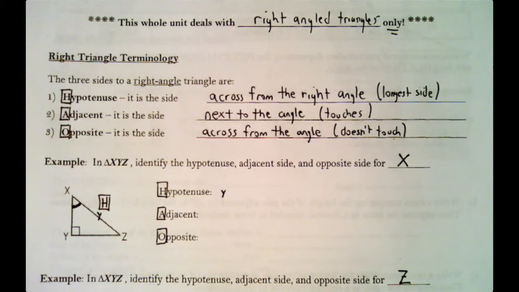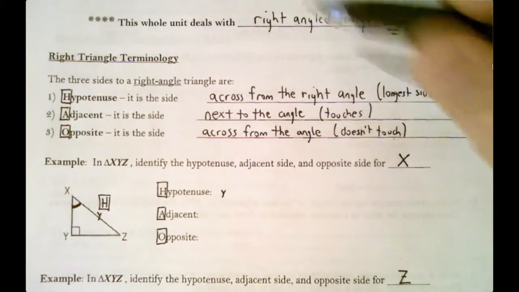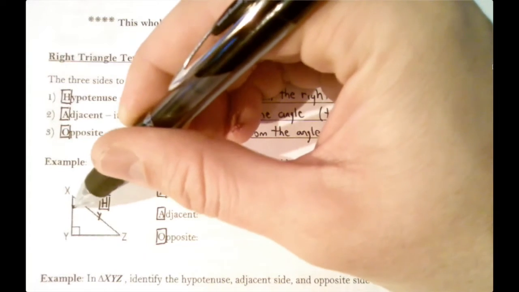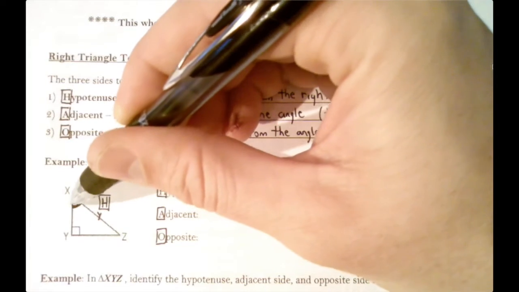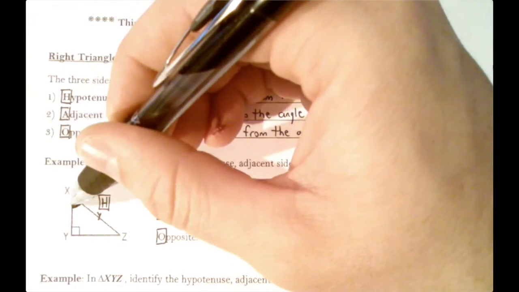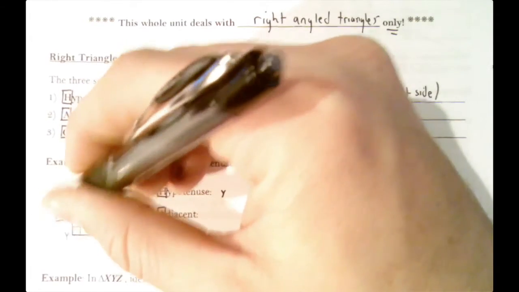The adjacent side is the side next to the angle, so it's going to touch it. The angle we're talking about is X. There's two sides that touch this angle, this side and this side. Well, we already labeled this side as the hypotenuse, so this side must be the A, the adjacent.